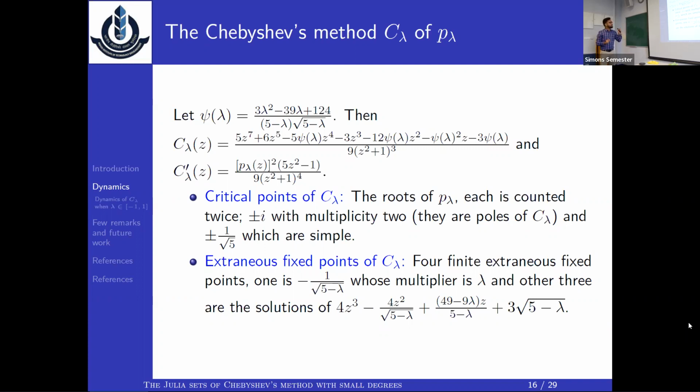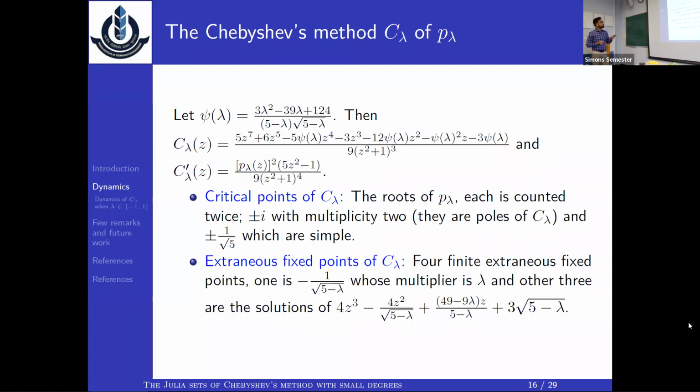The roots of P are critical points, and we have already seen that they will also be fixed points. So they are actually super attracting fixed points, and the poles plus minus i are also critical points. And apart from this, there are two critical points, 1 by root over 5, which are simple.